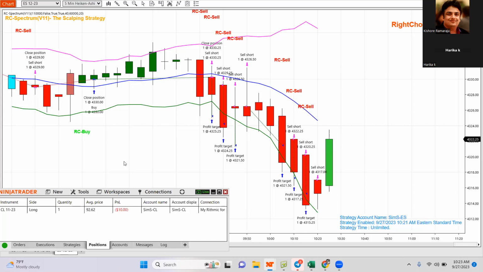So nearly I made $3,000 with NQ and ES. All your SPY calls, QQQ calls, or if you got a long on it, it made more than $4,000 now.